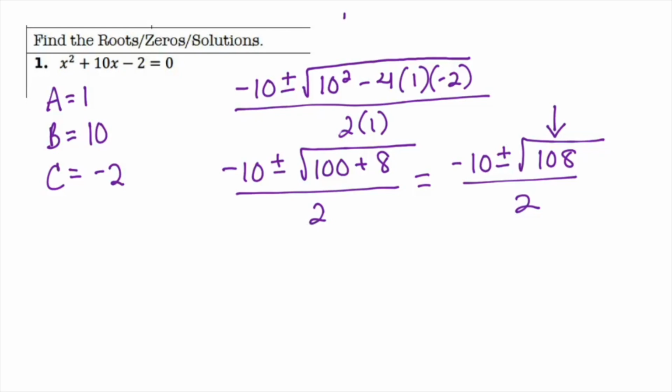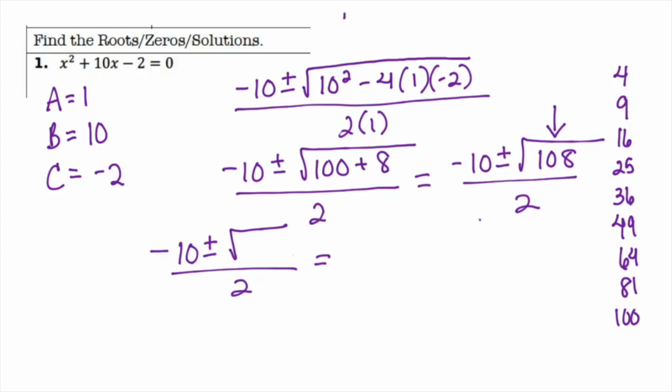So you have negative 10 plus or minus. And you're going to want to think of all the ways that can multiply to equal 108. But here on the right-hand side, you'll notice that this is all of the perfect squares up to 10.